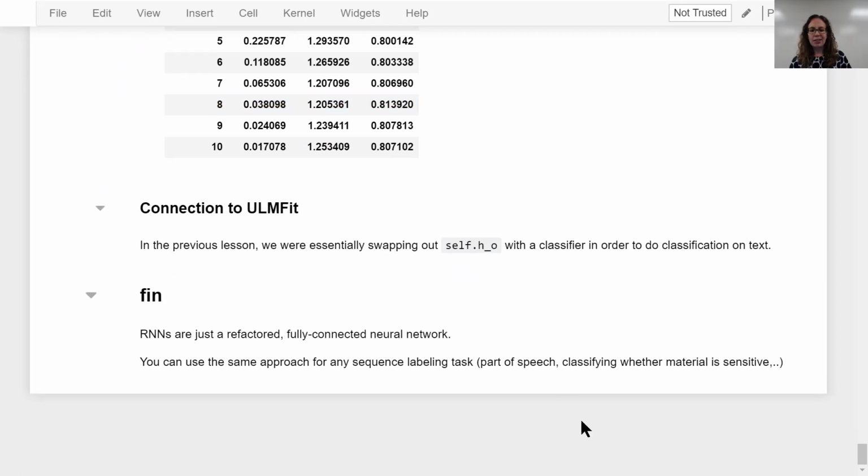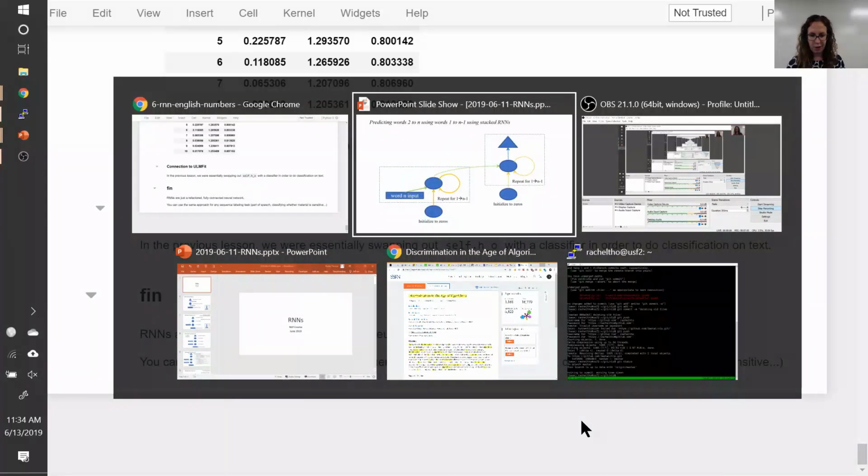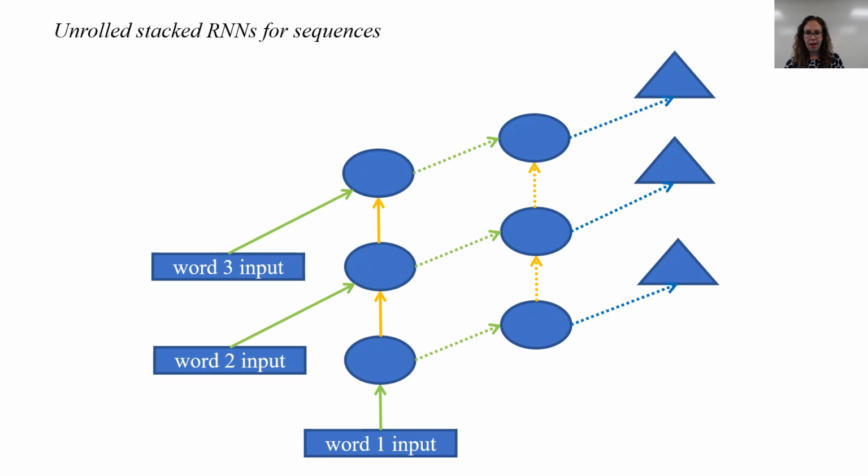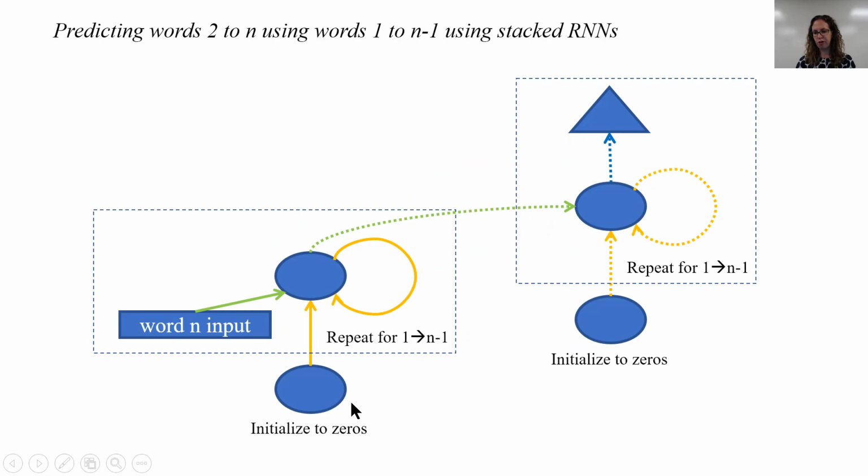And so RNNs are just a refactored, fully connected neural network. These are unrolled stacked RNNs. You can see they look like this, where you're feeding in. So this is another way of redrawing this picture.